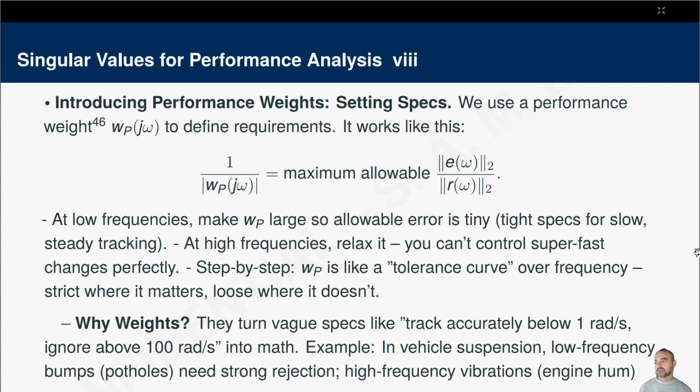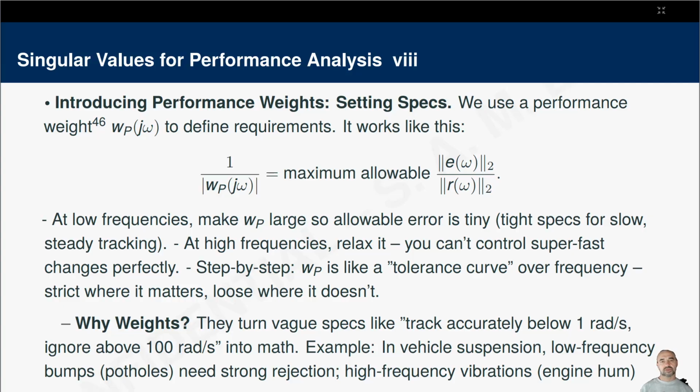Weights turn vague specs like track accurately below 1 radian per second, ignore above 100 radians per second, into math. Example, in vehicle suspension, low frequency bumps, potholes, need a strong rejection.